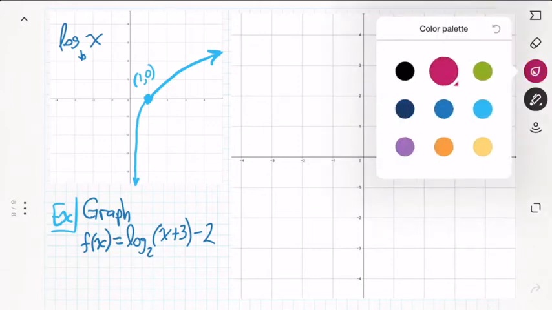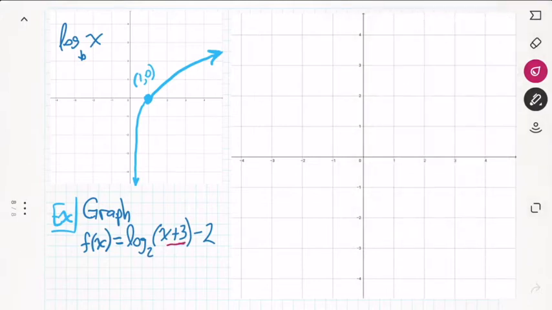So we have to remember what each one of these pieces does. Inside the parentheses, or inside the function, the number next to the x is going to go in the opposite direction. So this is going to go 3 left, because to make that equal to 0, you would have to put in x equals negative 3. Here, it's outside the function, so it's going to affect the y value, so this is going to go 2 down.